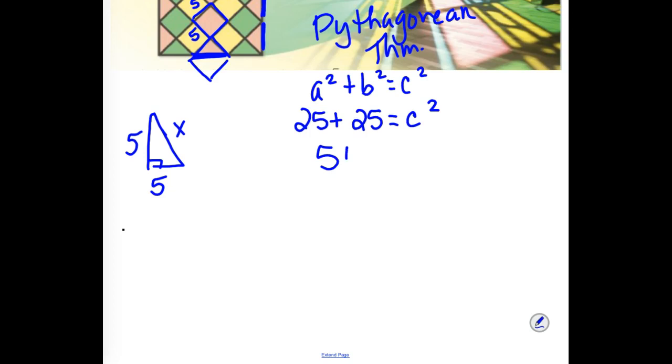Adding them up, we have 50 equals c squared. So what would c be, the hypotenuse? What would we have to do? We have to square root it. So we get the square root of 50, but we could break that down into what? 25 and 2, which would give us 5 root 2.